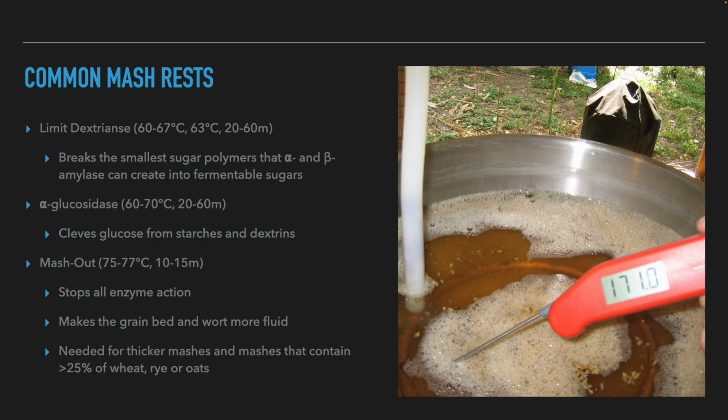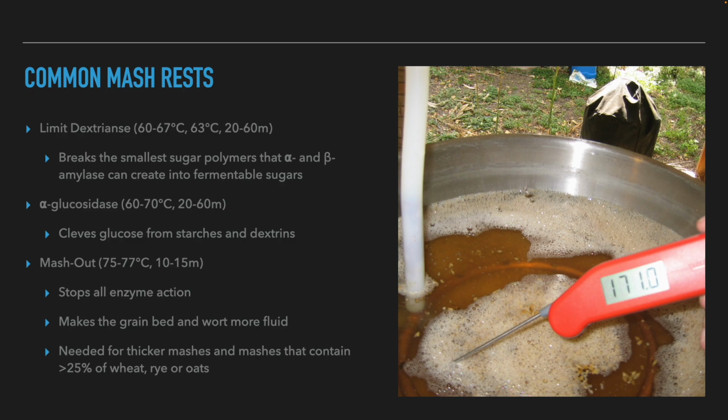This enzyme breaks the smallest sugar polymers that alpha and beta amylase cannot work on, and can convert them into fermentable sugars. Alpha glucosidase works between 60 to 70 degrees Celsius and should also work between 20 to 60 minutes. This enzyme can cleave glucose from both starches and small sugar polymers called dextrins.